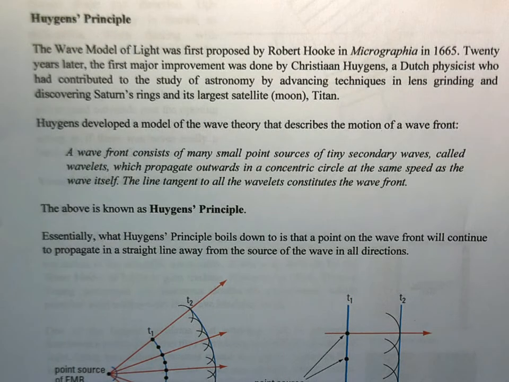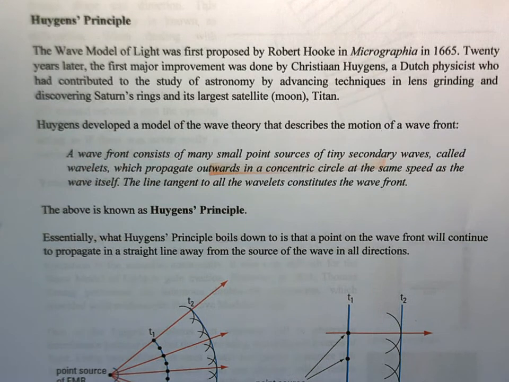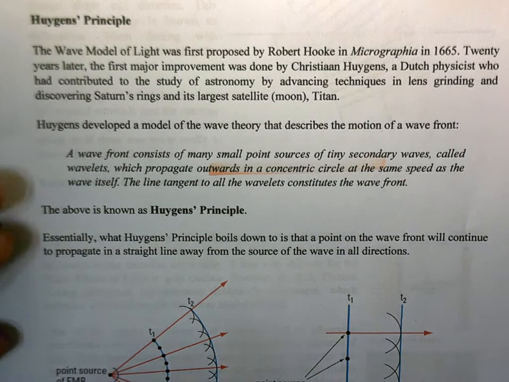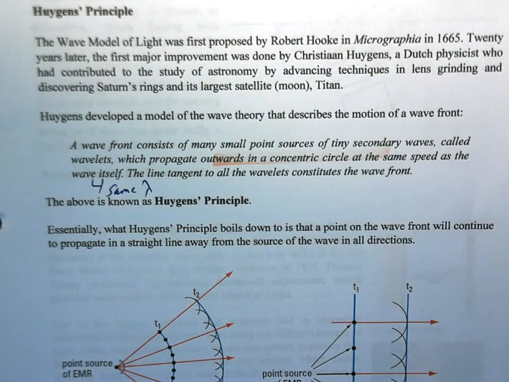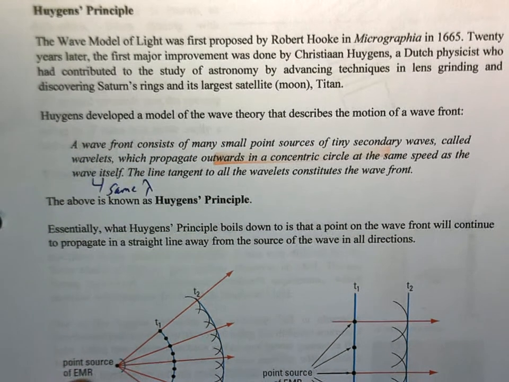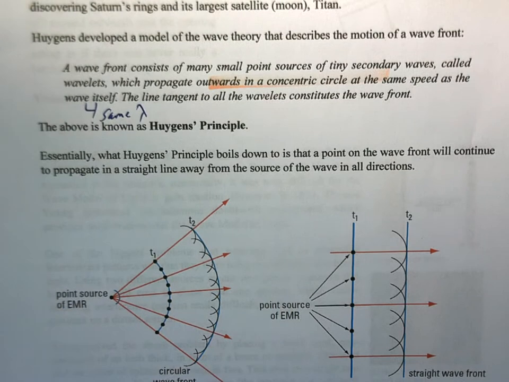What's important is that those wavelets propagate out in a concentric circle at the same speed as the wave itself, which is just a fancy way of saying same wavelength. Then we'd say that the line tangent to all those wavelets constitutes the wavefront. This is known as Huygens' Principle.